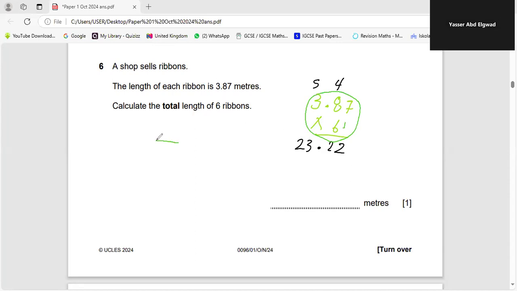The first one is 3.87, the second one is 3.87, the third one is 3.87, and so on. It is repeated, so we can multiply. 6 multiplied by 7 is 42, with 2 up, 4. 6 multiplied by 8 is 48, add 4, gives 52, with 2 up, 5, and so on. Here is the answer, 23.22.